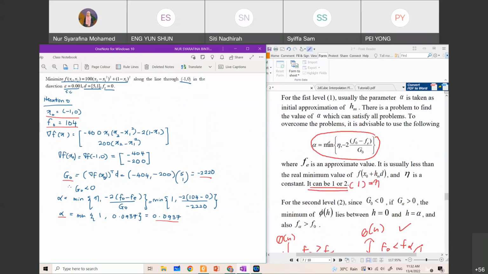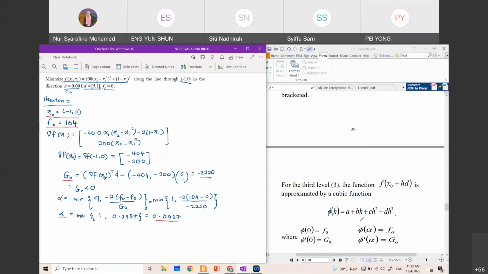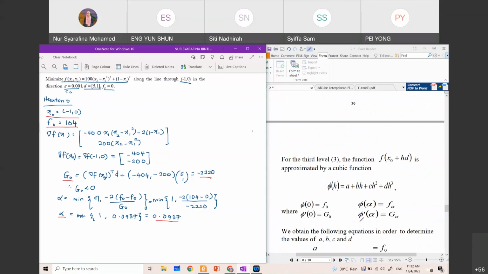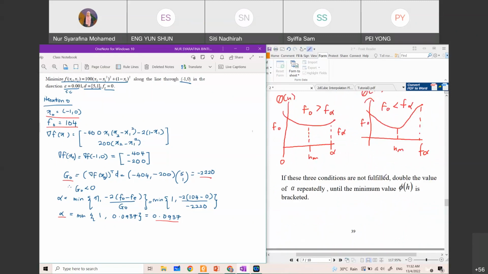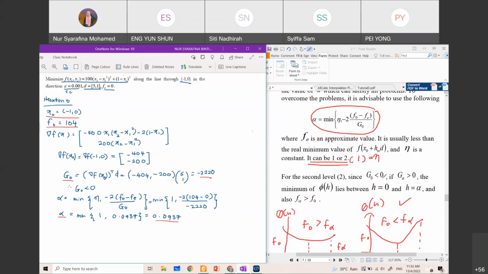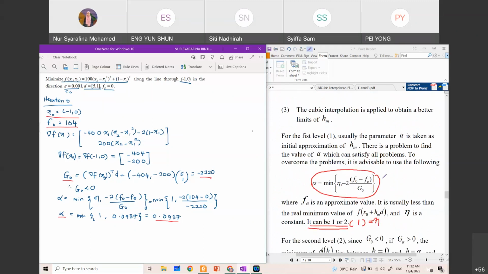So this is your alpha. This is your f alpha. f alpha is given by f of x0 plus h times d.